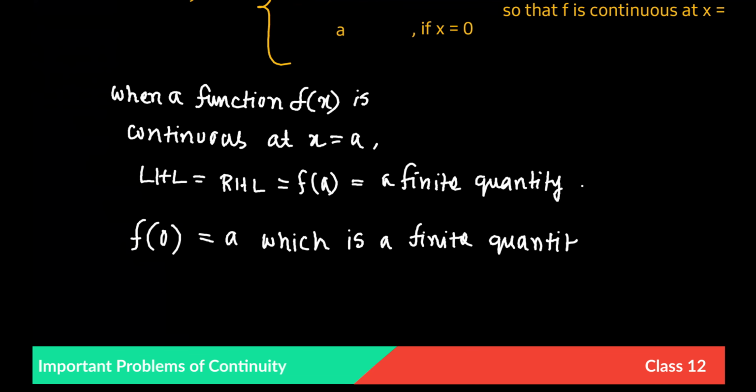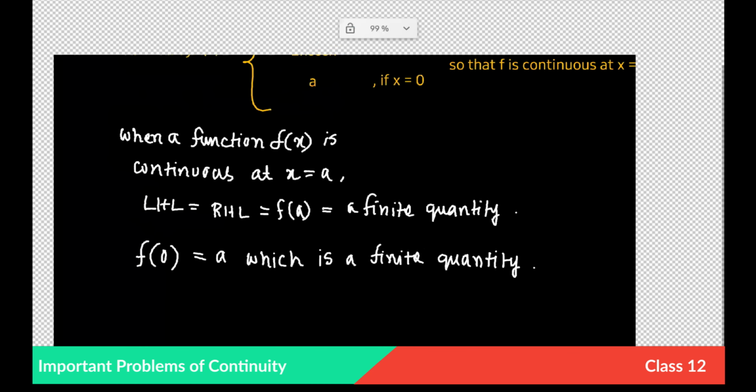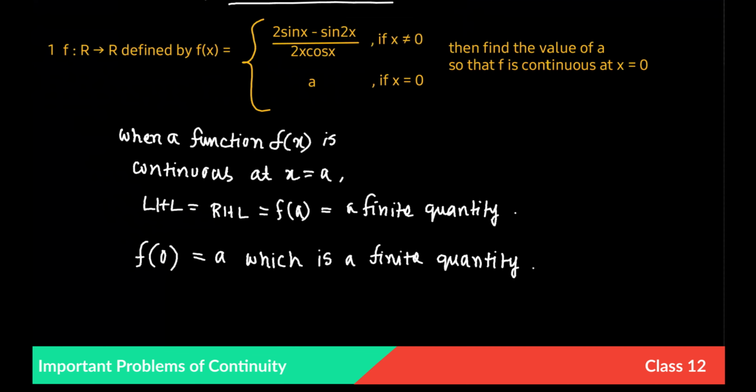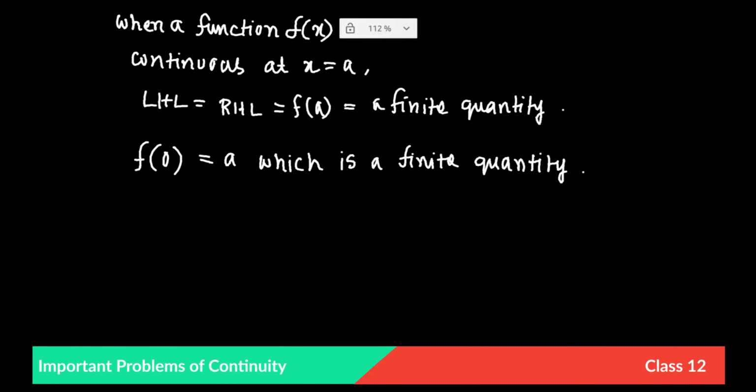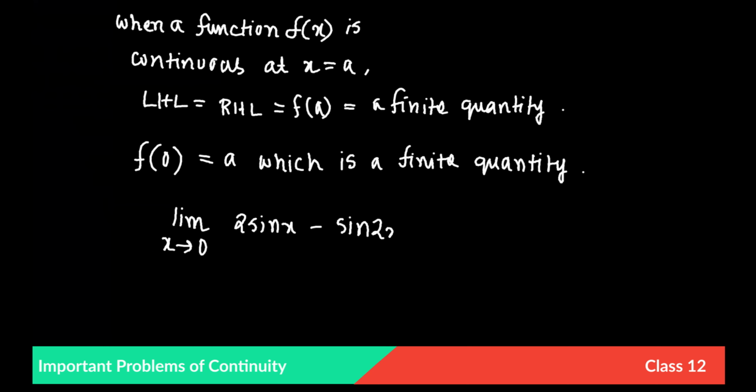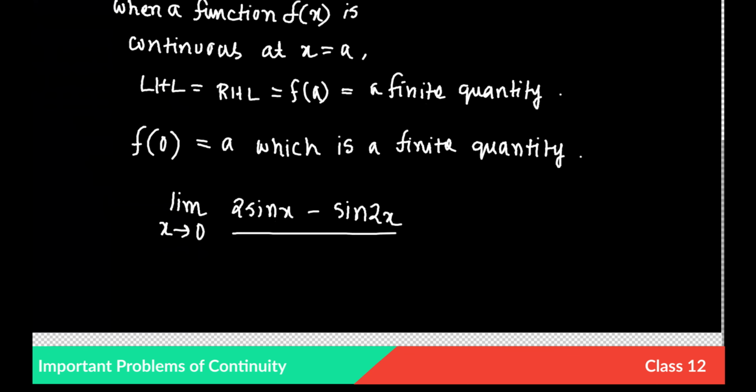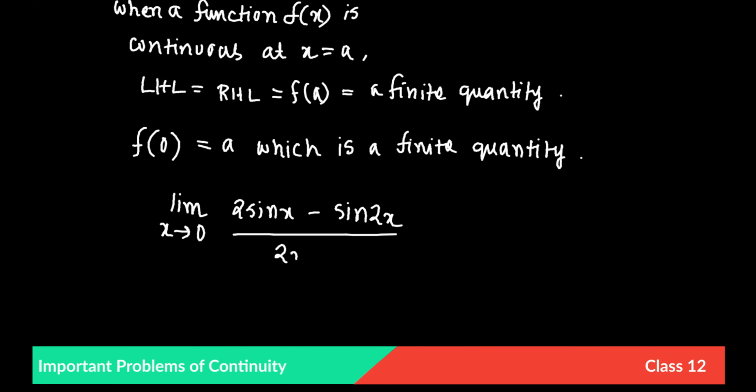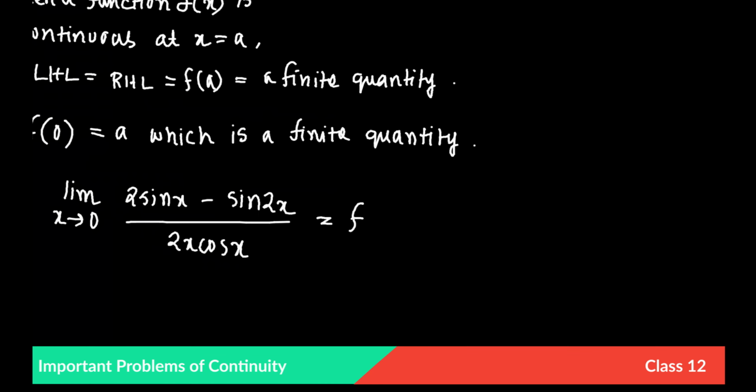Now since the function is continuous, we can write that limit x tends to 0 of (2 sin x minus sin 2x) by 2x cos x equals f of 0, that means equal to a.